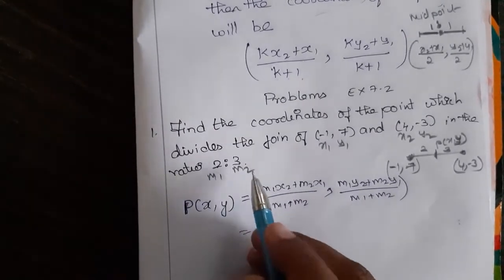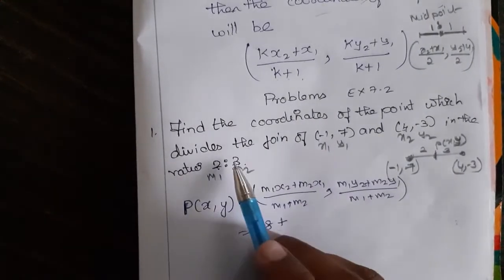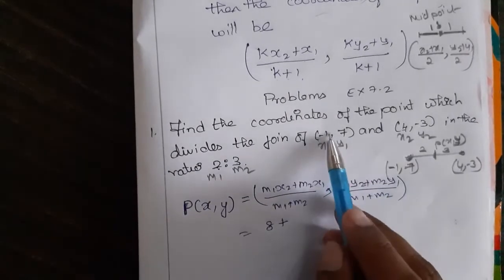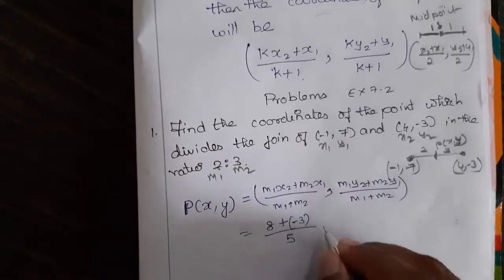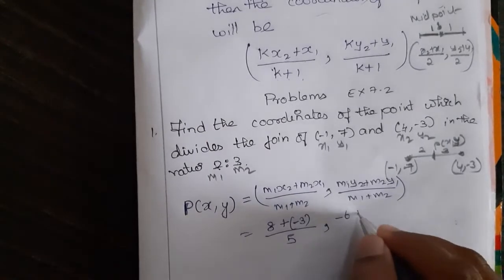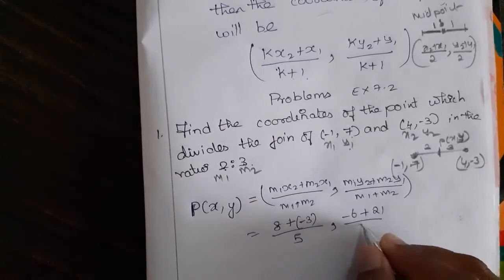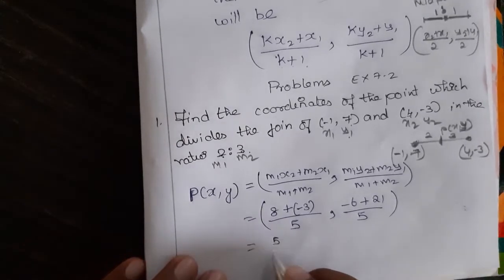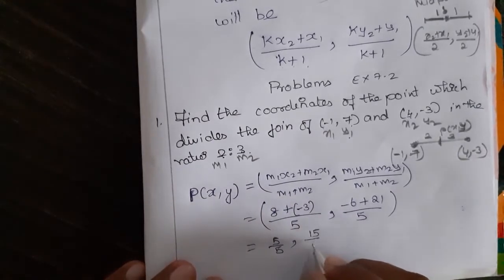So here m1 is 2 into x2 which is 4, it's 8, plus m2 is 3 into x1 which is -1, 3 into -1 is -3, divided by m1 plus m2 which is 5, comma m1 is 2 into y2 which is -3, it's -6, plus m2 is 3 into y1 which is 7, it's plus 21, divided by m1 plus m2 which is 5. So 8 plus -3 is 5 by 5, comma -6 plus 21 is 15 by 5.